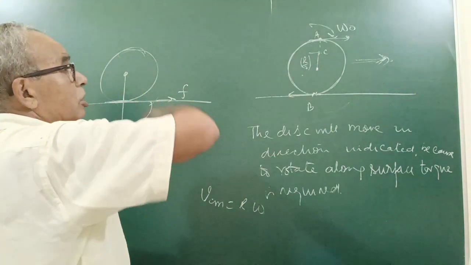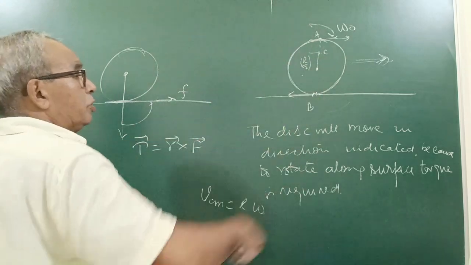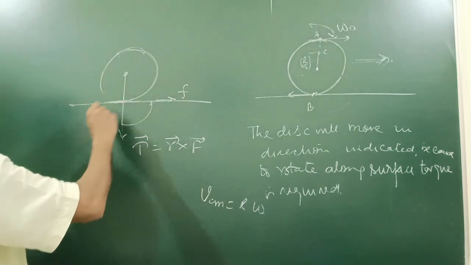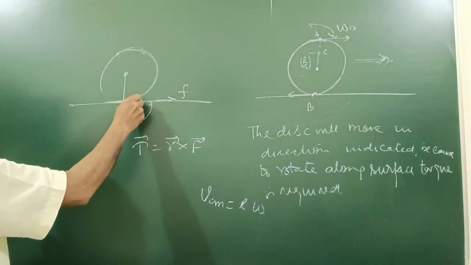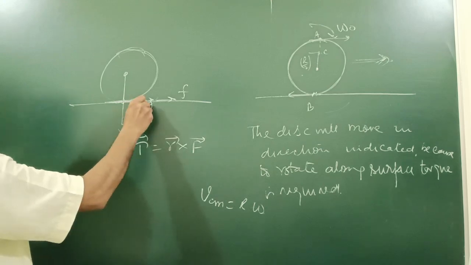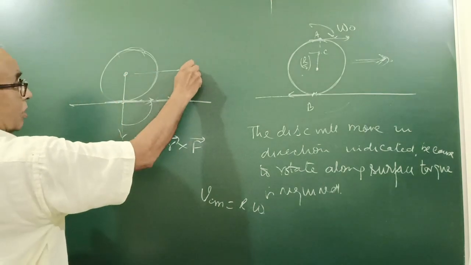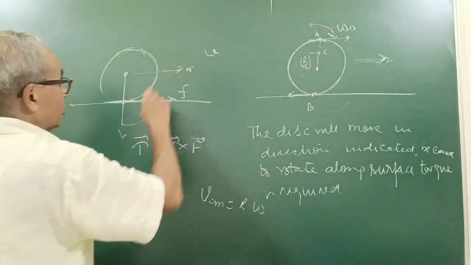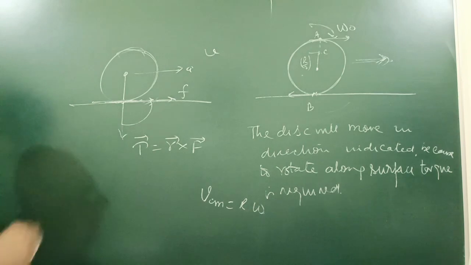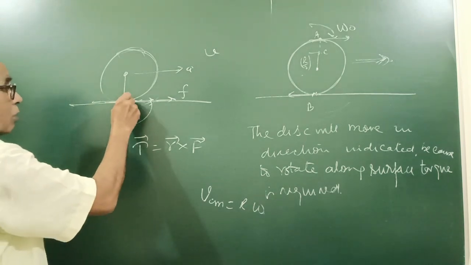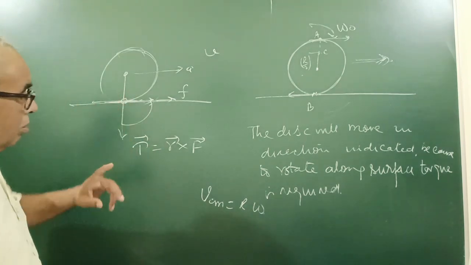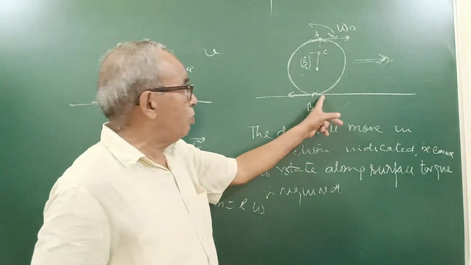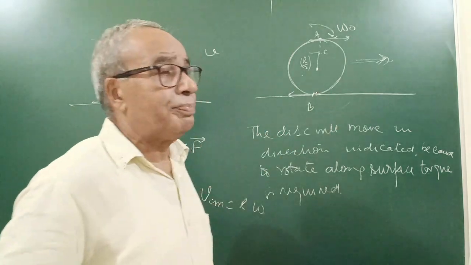So when the disc is placed with large angular velocity on a surface with friction, then as it rotates it slips forward, and that forward force produces linear acceleration, which increases the velocity of the center of mass and decreases the angular velocity omega. Perfect rolling will begin when point B comes to rest and the velocity of the disc at point B is 0.